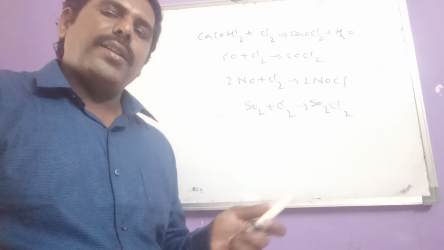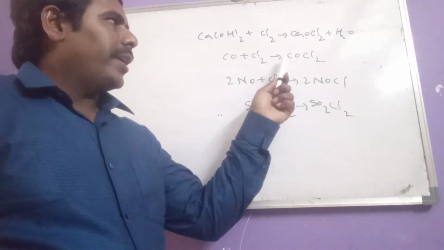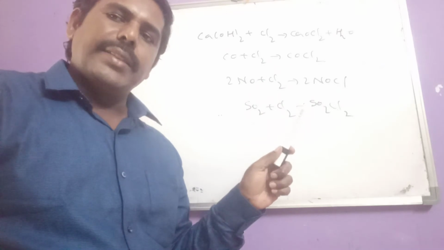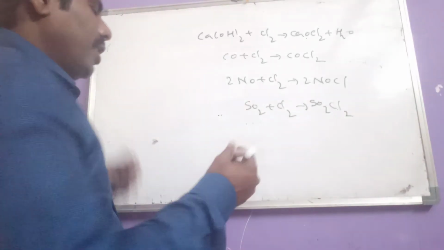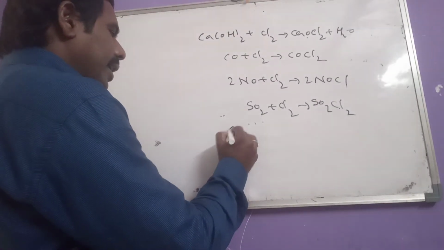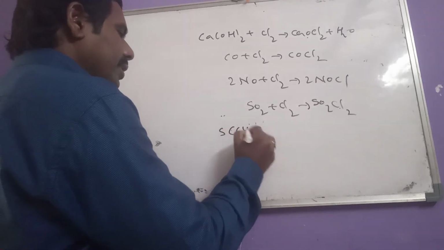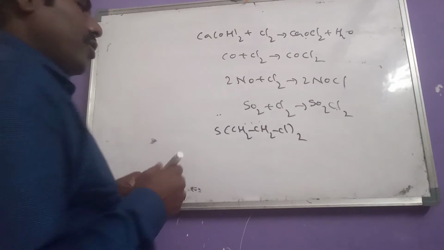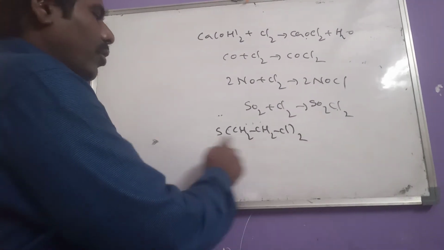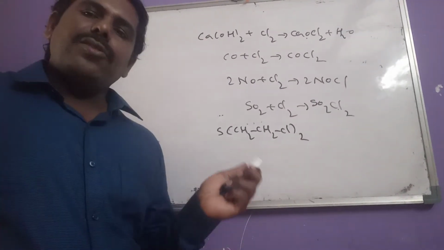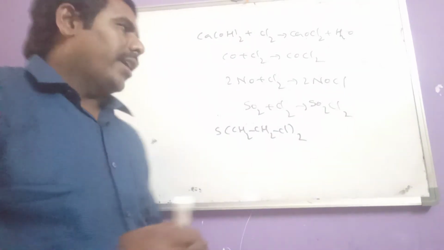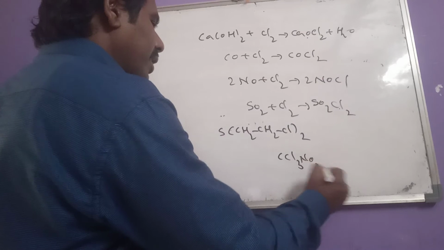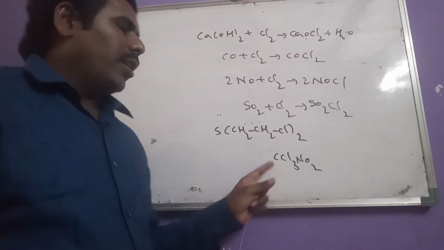And it is used in the preparation of poisonous gases like phosgene and mustard gas. What is the formula of mustard gas? S(CH2CH2Cl)2. Di-2-chloroethyl sulfide is known as mustard gas. It is also used in the preparation of tear gas. What is the formula of tear gas?